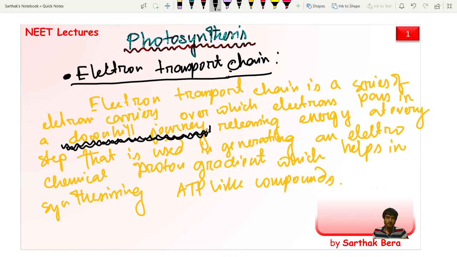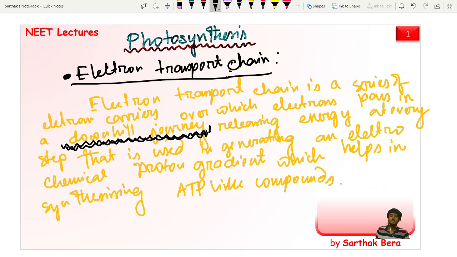Thus while the electrons are passing through the electron carriers, they are going in a downhill journey and they are releasing energy at every step, and that energy is used in generating an electrochemical proton gradient.